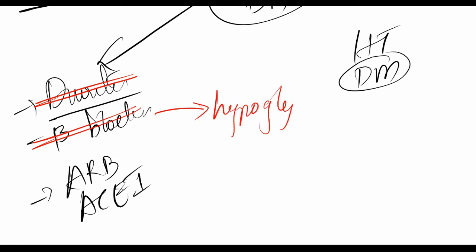Now diuretics, as we are not using acetazolamide as antihypertensive because of its very low efficacy, we are left to use either loop diuretics or thiazide diuretics. These two, loop diuretics and thiazide diuretics, can cause hyperglycemia and hence are contraindicated in case of diabetes mellitus, because that person is already suffering from hyperglycemia.